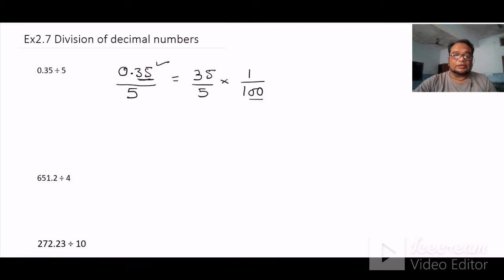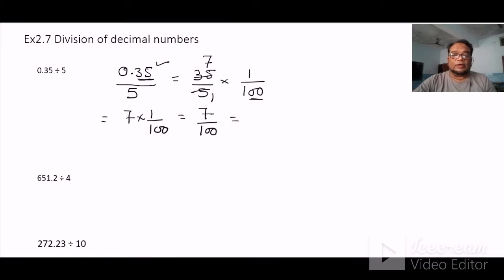Here 2 digits and here 2 zeros. So in this way we can remove the decimal. So 5 ones are 5 and 5 sevens are 35. So we got 7 into 1 upon 100. So multiplying numerator with numerator, we got 7 upon 100.